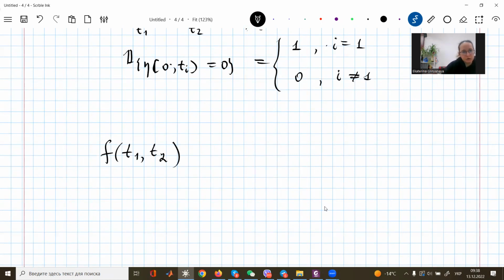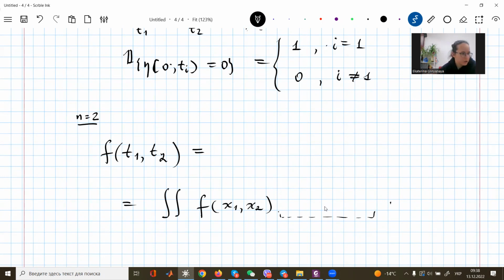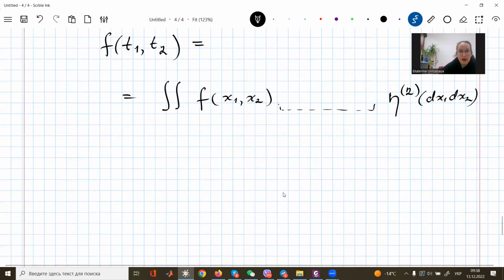If I have 2 points, n is equal to 2, how can I represent it using the integral? Again, I will try to represent it using a double integral. Here I will add something, and here I write the factorial power of 2, dx1, dx2. So what should I add here?